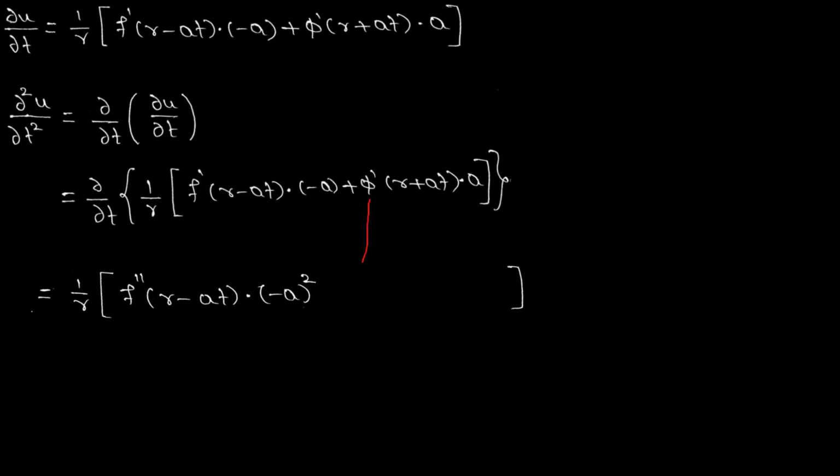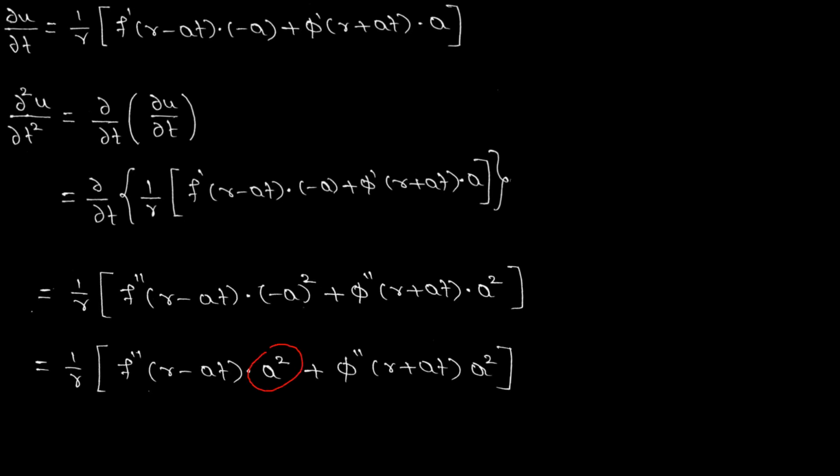Plus differentiation of phi dash is phi double dash. As usual, if we differentiate this, one more a will come on chain rule. Along with already present a, this gets to a square. Minus a whole square is just a square.